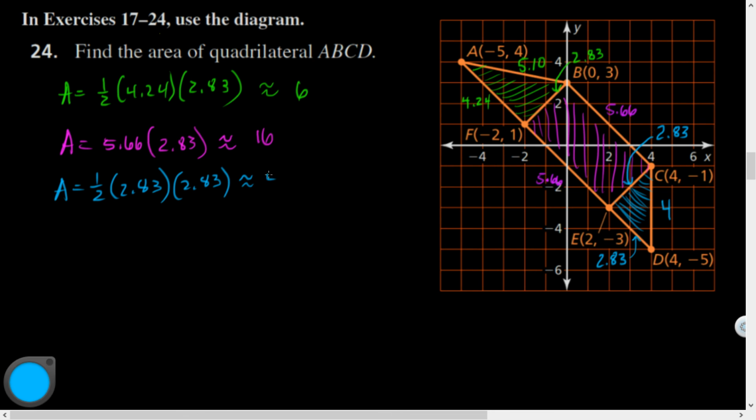And this one is 4. So the area of the big shape is just going to be 6 plus 4 plus 16. And that's going to be 26 units squared.